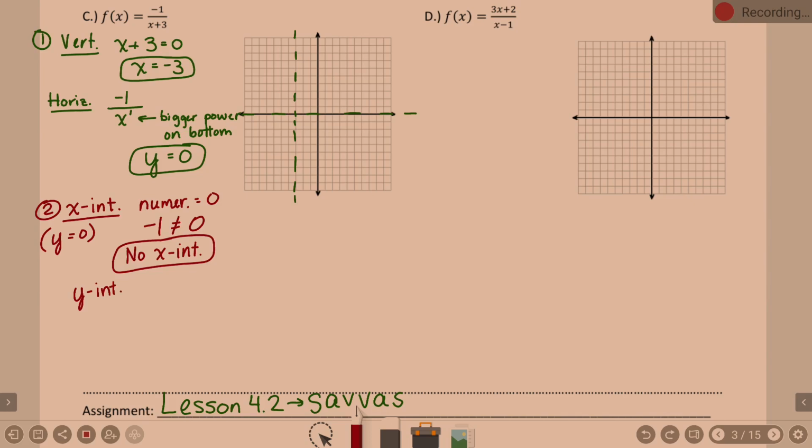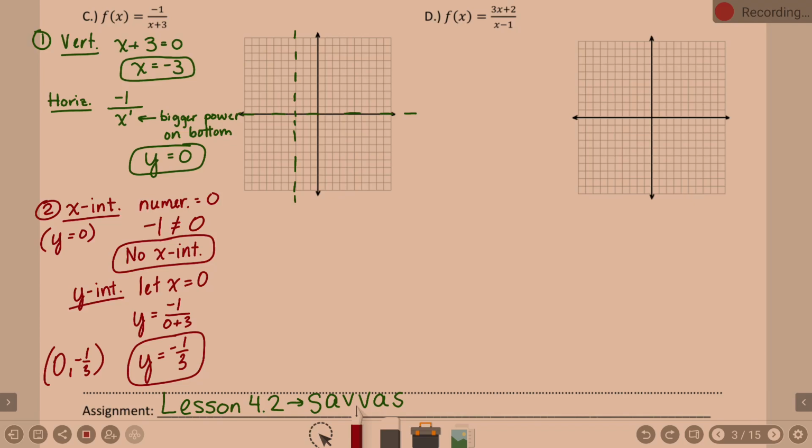Y-intercept. Y-intercepts happen when x equals 0. So y equals -1 over 0 plus 3, or in other words, y equals -1/3. This is a y-intercept, so you could put it as the point (0, -1/3).